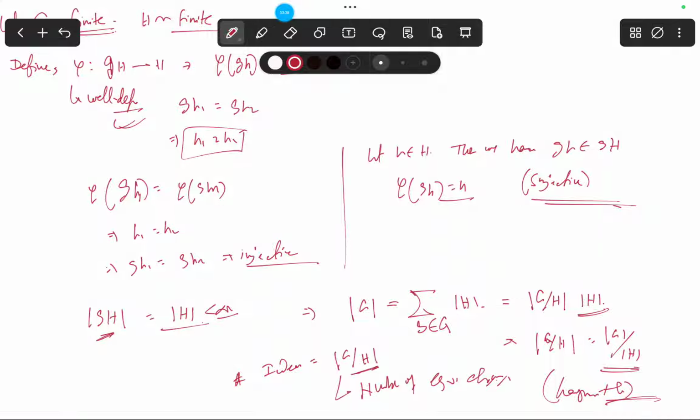That's why the cardinality of G over the cardinality of H has to be a natural number. So you can easily say that the cardinality of any subgroup will of course divide the cardinality of the group, given that the group is of finite order. So this is Lagrange's theorem, and it really plays a very vital role between the cardinalities of a finite group and its subgroups.